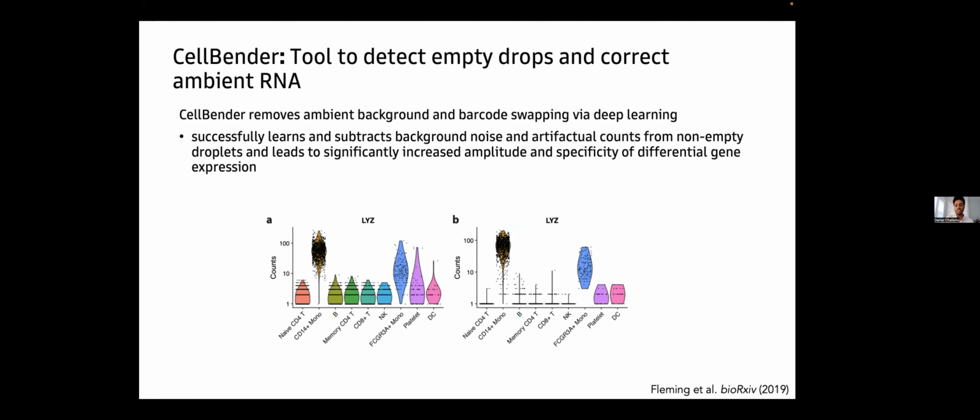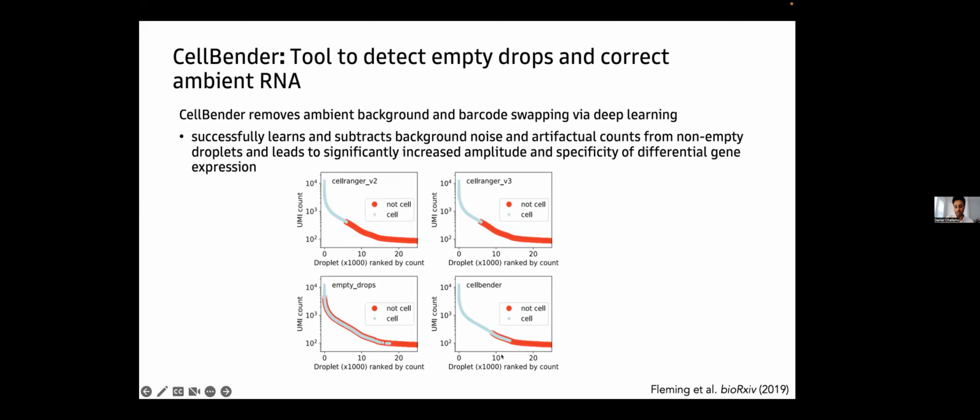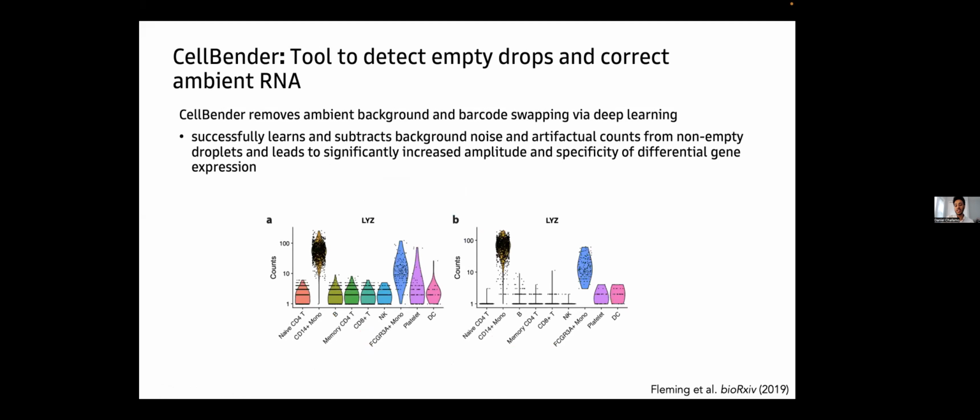What it does is learn the background noise, or ambient RNA. So this red region of non-cell barcodes, it will learn the distribution of genes in these ambient-RNA-only barcodes, and then subtract those from the actual cells.